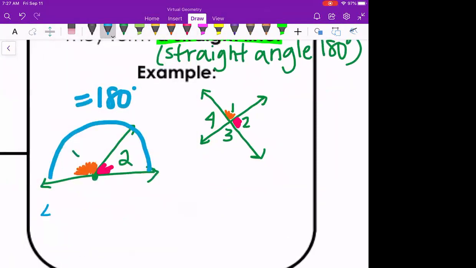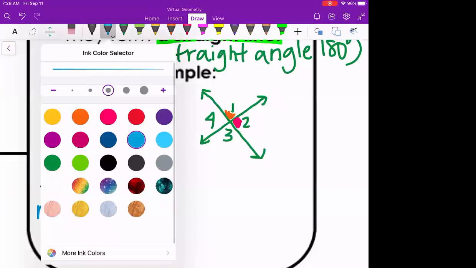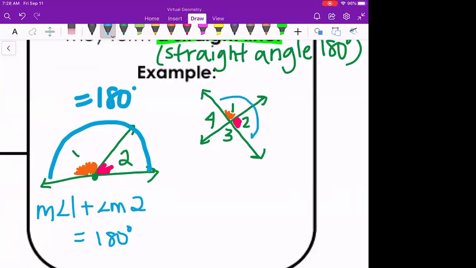So whatever is going on at angle 1 for this first picture, the measure of angle 1 plus the measure of angle 2, whatever it is, we don't know its value, but if we add it to angle 1, it should make a straight angle of 180. Same thing over here for our intersecting lines.